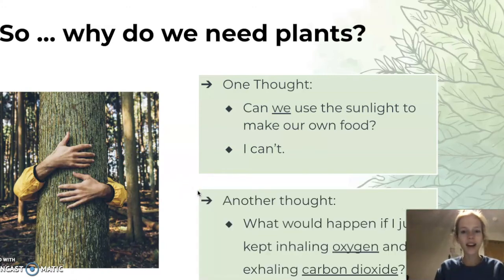But there's another thought. What would happen if I just kept inhaling oxygen and exhaling carbon dioxide, and there was nobody there to reverse that process or to make oxygen for me to breathe? I'd probably run out. So plants are providing us with food, and they're also providing us with oxygen to breathe.